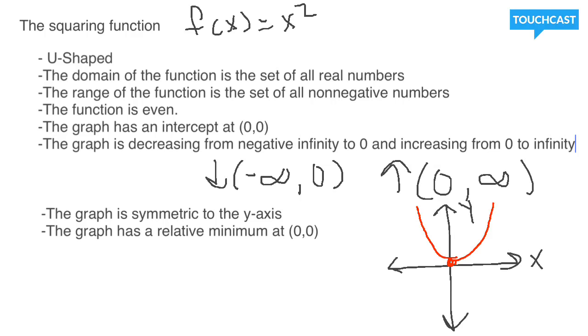It is decreasing from negative infinity to 0, and it is increasing from 0 to infinity. That relative minimum is also a y-intercept, and since it turns one time, our function is even.